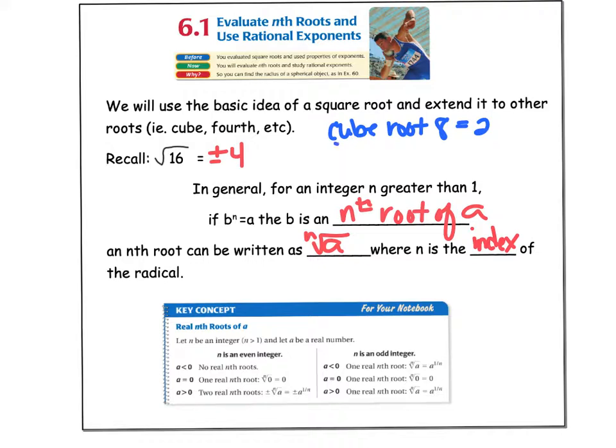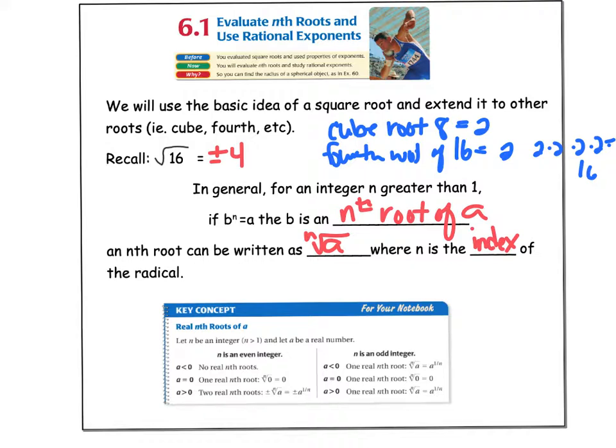If I asked you what the fourth root of 16 was, what I'm really asking you is what number times itself 4 times would give you 16. Well, that answer is 2. And the reason is because 2 times 2 times 2 times 2 equals 16. So we're just looking for more identical factors that give you a product.